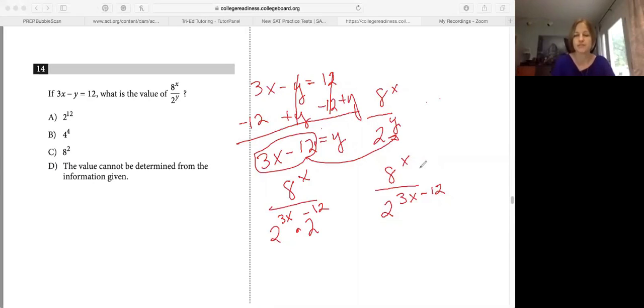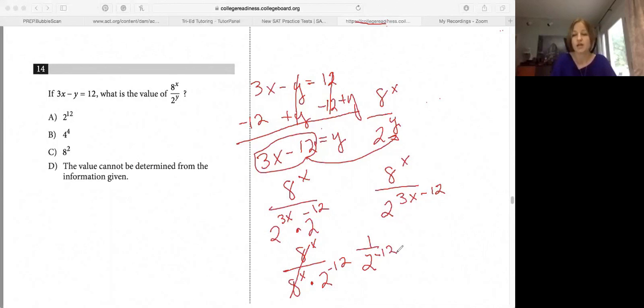Does that make sense? So now I have a power raised to a power, right? So I can do 2 cubed and say that's to the x power. So what I have is 8 to the x over 8 to the x, because 2 cubed is 8, and it's still raised to the x power, times 2 to the negative 12th. My 8 to the x over 8 to the x is going to cancel. I'm left with 1 over 2 to the negative 12th.